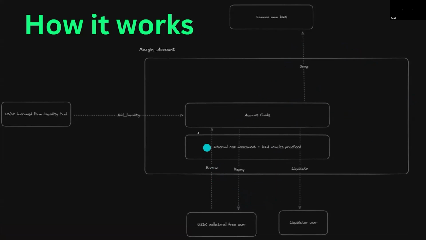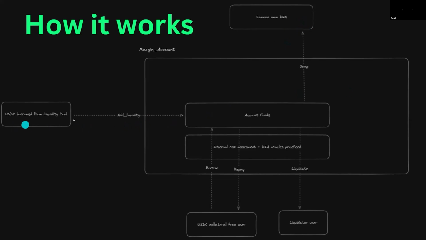with collateral. At once, the user can take up to 10x leverage. So, for example, if I have 100 US dollars, I can borrow up to $1,000. Then I have the funds in my margin account, which can interact with other protocols. In my example implementation, it is the Common AEM DEX, which was released recently by the Azero team.